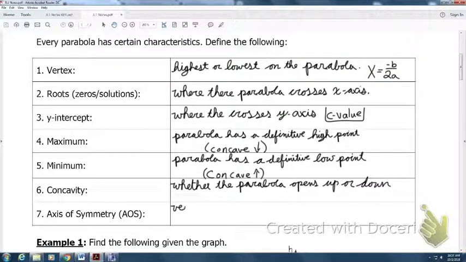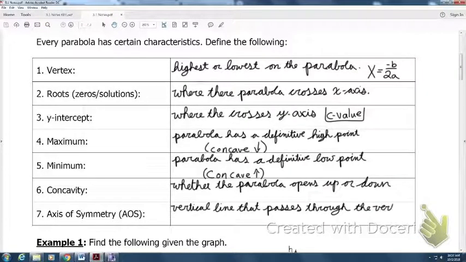There's a little bit more on this one, so write a little bit smaller. It is a vertical line that passes through the vertex and splits the parabola in two.